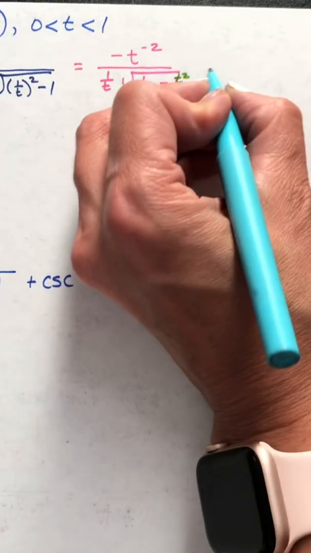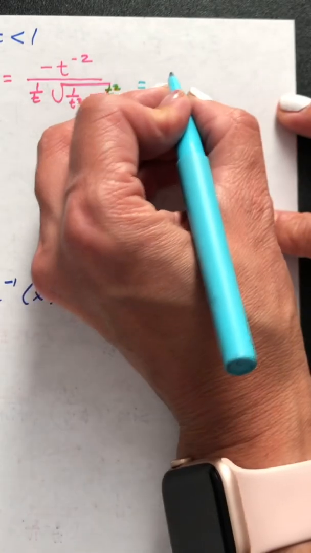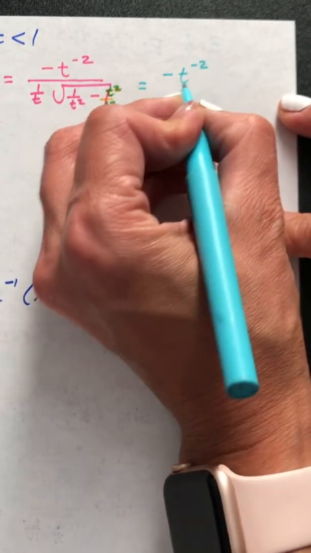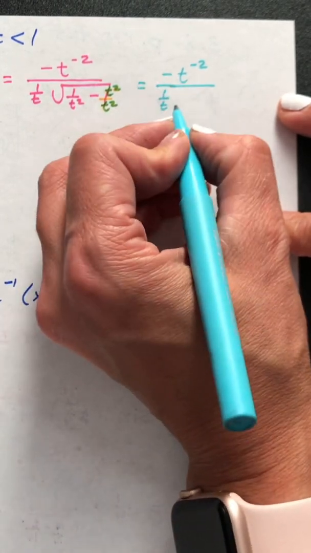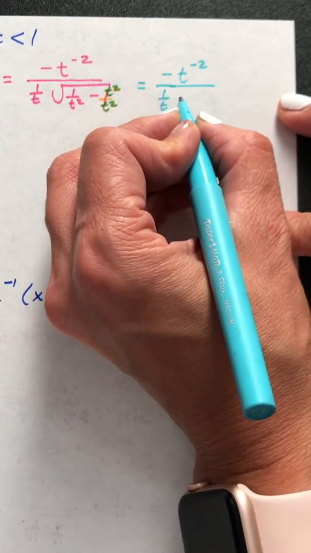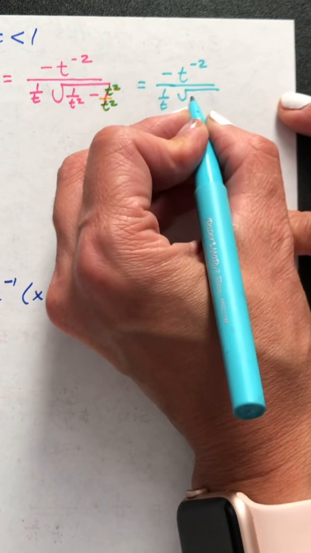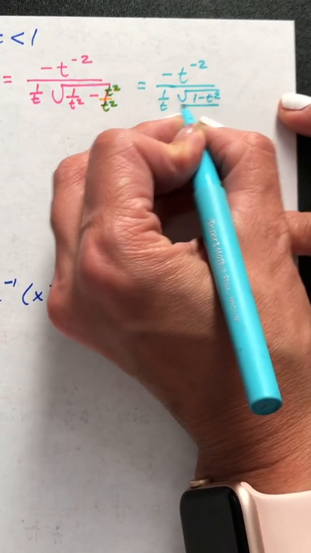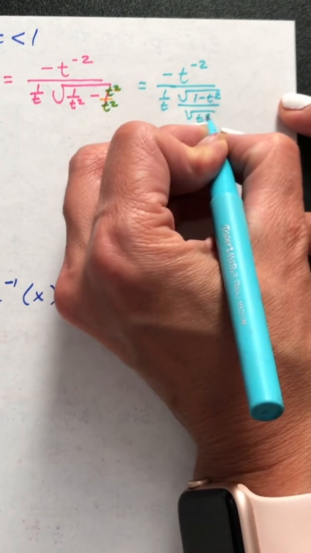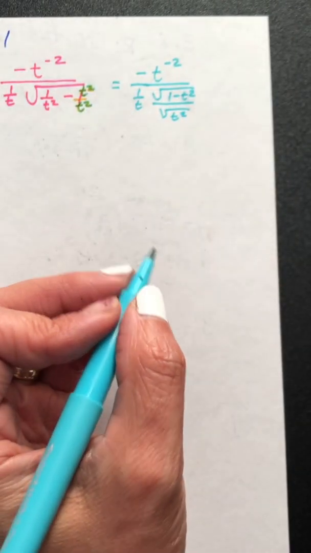Okay, so that's going to equal negative t to the negative second power over 1 over t times, now I can split the fraction. I'll have 1 minus t squared in the numerator over the square root of t squared in the denominator.